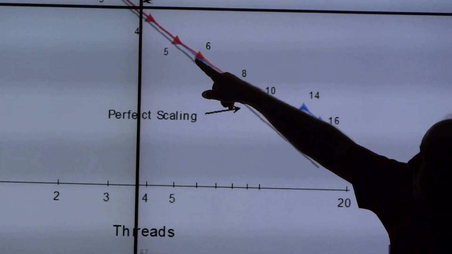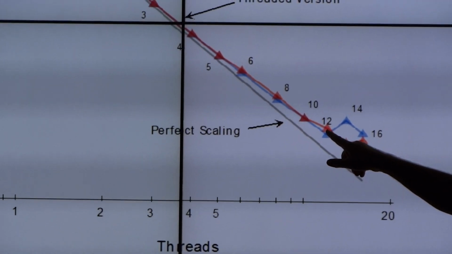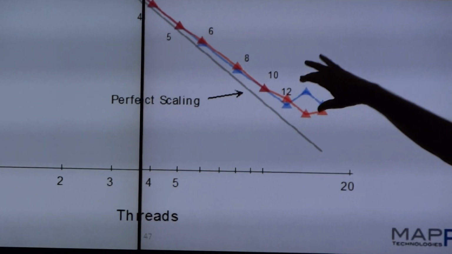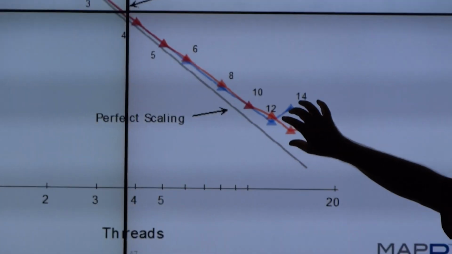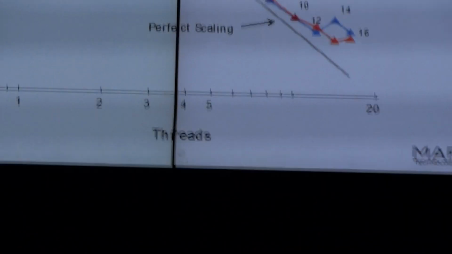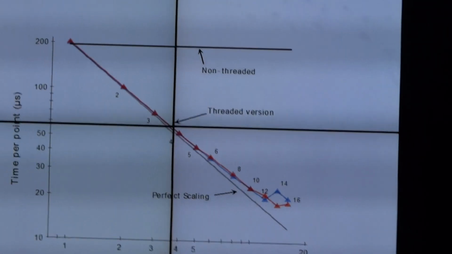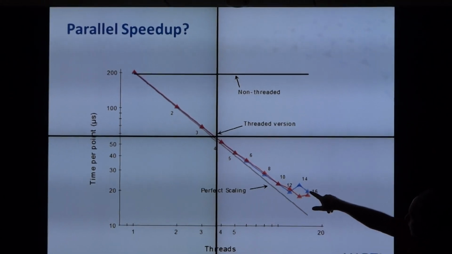You can see, though, it's very close to the gray line, out to around 10 or 12 threads. Once you get to that point, the number of threads that are in the background doing concurrent garbage collection begin to interfere. We don't really have 16 cores available to us in a machine. Somebody else will be using some of those cores to do I/O or to do this background garbage collection. So at around 12, we stop getting speed up.